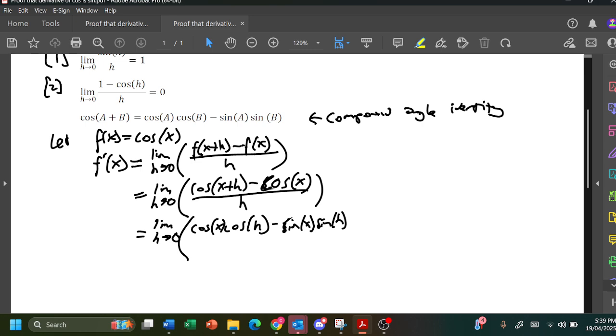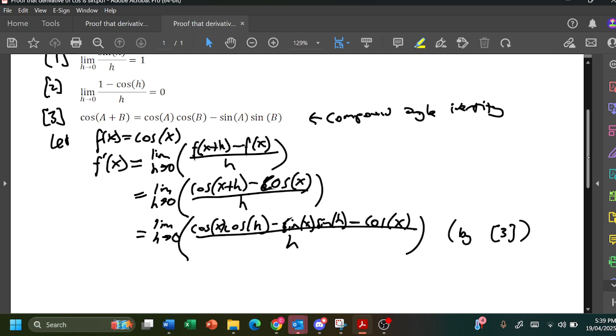So that is the cosine of x plus h bit. And then we've still got the minus cosine x at the end there, and that's all divided by h. Okay. So that's using the compound angle identity, which is the third thing that I've listed up there. So that's by 3.